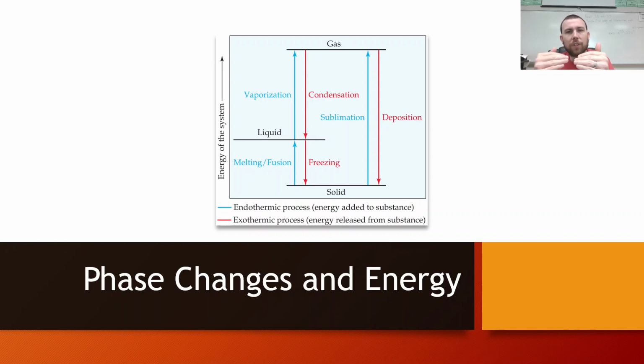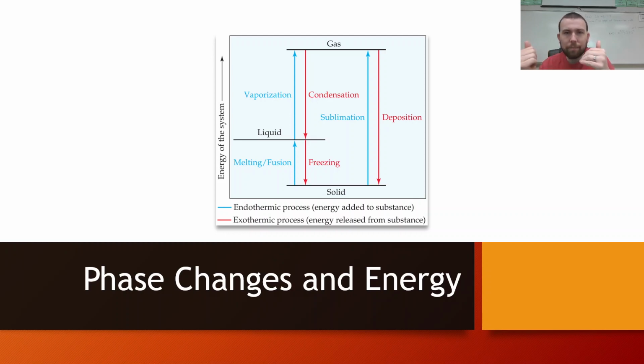So when something starts off as a solid and goes to a liquid, it's melting, or we sometimes call that fusion. Energy is going into it, so it goes to the liquid phase. And then from the liquid phase to the gas phase, we input more energy and it vaporizes, or it boils. And then the other piece is sublimation, which is when you go from a solid directly to a gas. Again, we can see energy is going into it. It's going directly to that gas phase.